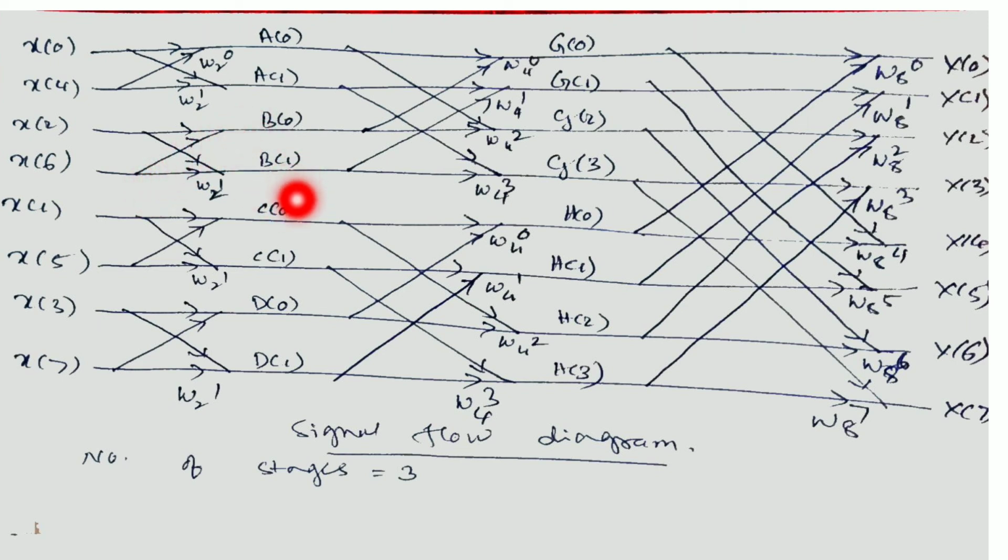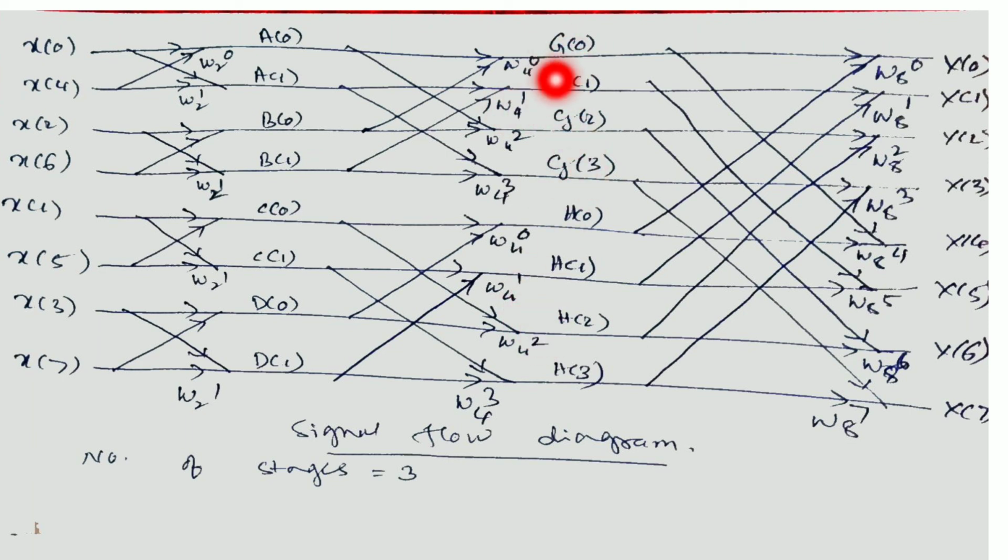And then b of 1 is equal to x of 2 plus x of 6 into w2 power 1. In this way we can construct c of 0, c of 1, as well as d of 0 and d of 1. Once we are getting the values of a of k's, b of k's, c of k's, and d of k's, we combine them together once again to obtain the values of g of k's and h of k's.